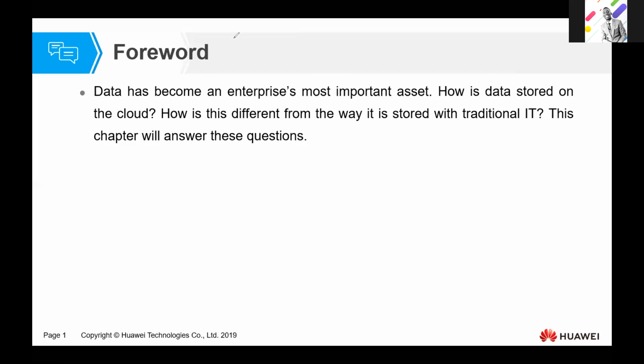Only the companies that have control over data or information have the upper hand. So data has become an enterprise's most important asset to date. How is data stored in the cloud? How is this different from the way it is stored in traditional IT? In this chapter, we will answer these questions.